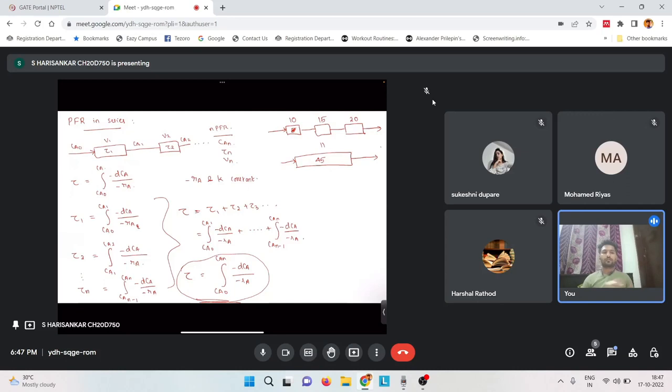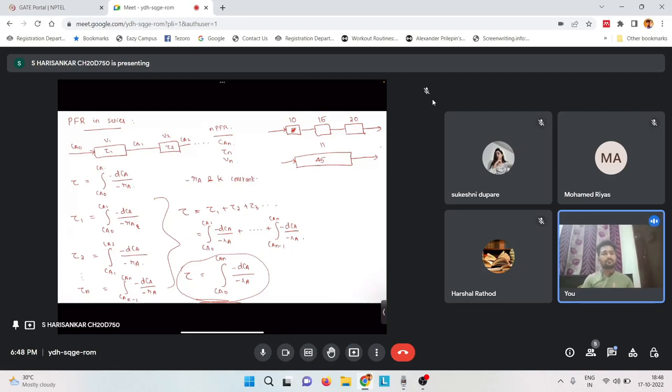Earlier in CSTR, we noticed that if you have CSTRs in series, it will give you a better conversion or reduce the volume required for a given conversion. Here in PFR in series, nothing of that sort happens. The volume will just get added.